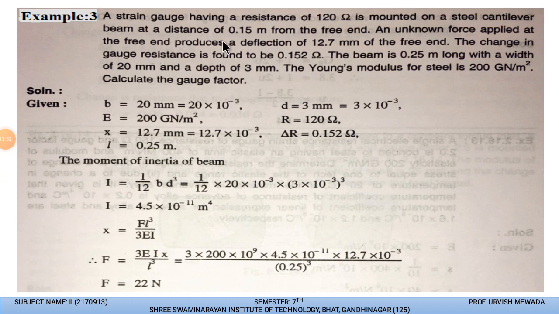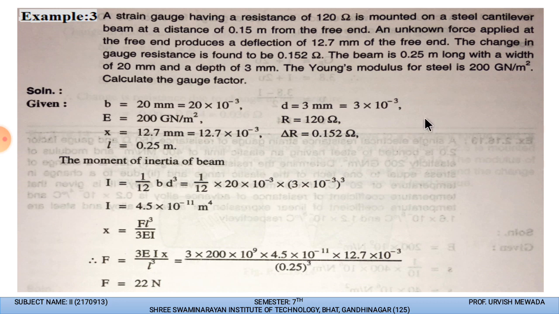So this is a strain gauge which is connected on the cantilever beam. Cantilever beam means one vertical pole we have, and on the top of the pole one horizontal part is connected.